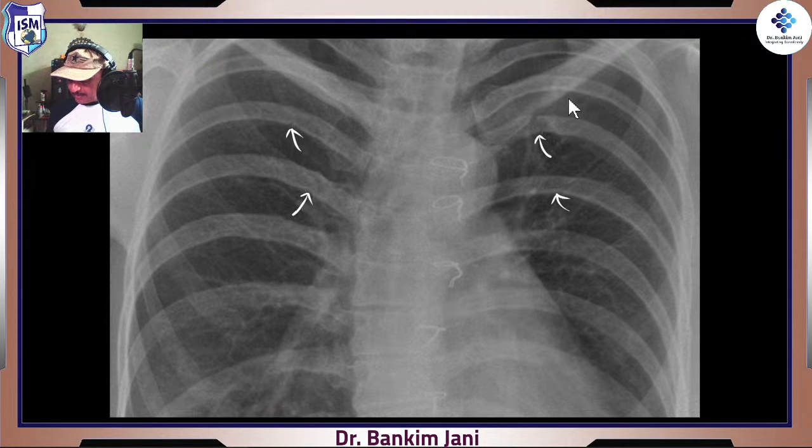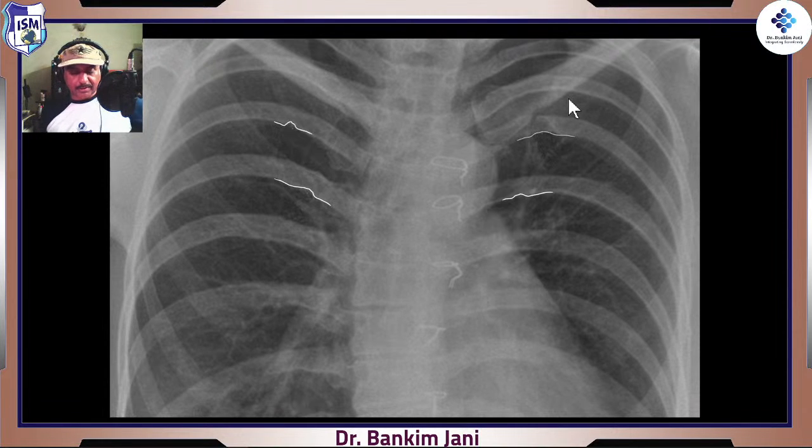I'll erase it so that you can watch it again. See, that's what is called inferior rib notching. Like this, it is going. I'm marking it, it goes like this and it goes like this. See over here. This is inferior rib notching, right? That is because of tortuous intercostal arteries.